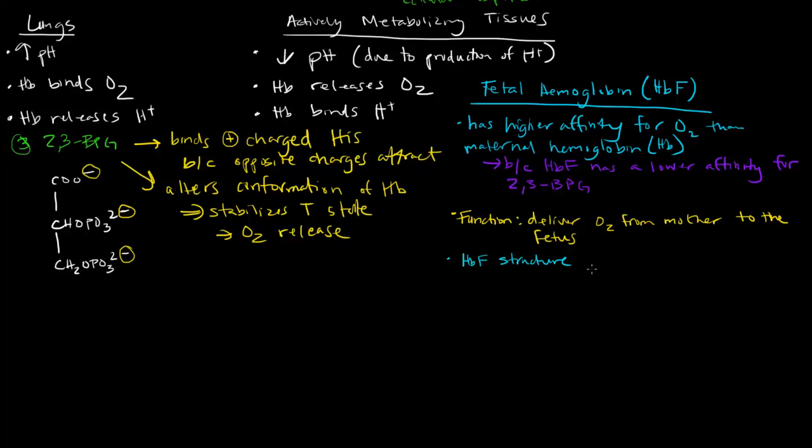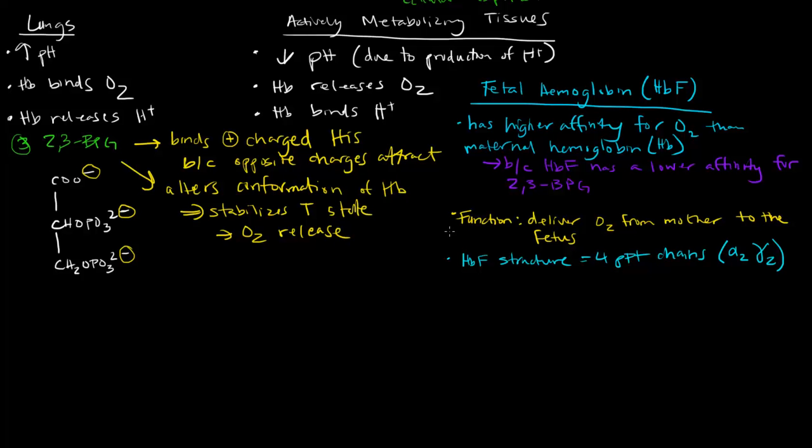It also has 4 polypeptide chains, but instead of two alpha and 2 beta subunits, it has 2 alpha subunits and 2 gamma subunits. This is what makes it different from adult hemoglobin.